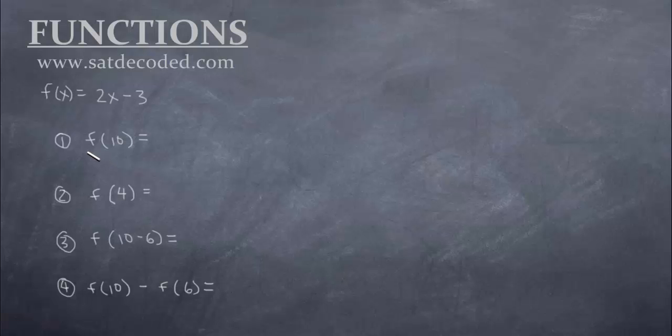In other words, they're asking what is the output. So in our previous videos, we learned that we have to first identify the input, which in this case is 10. And we take the input and replace it where the x is. So f of 10 equals 2 times 10 minus 3. If you remember your order of operations, we do multiplication before subtraction, so we have to do 2 times 10 first.